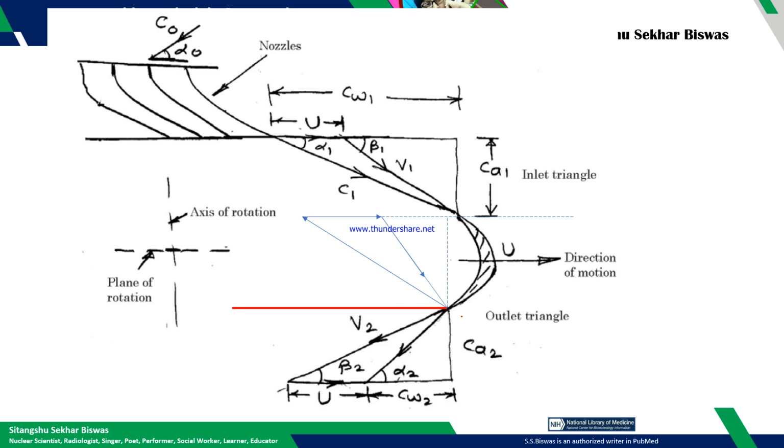So this red line, say it is a mirror. I am taking a mirror image of this outlet triangle. So this is your V2, and this is your U, and this is your C2. Correct?